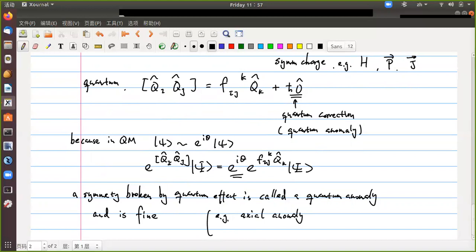Another standard example is scaling broken by quantum effect. For example, take gauge theory coupled to matter, to fermions or scalars, where the Lagrangian classically is scaling invariant, if you impose different scaling weights on the fields.